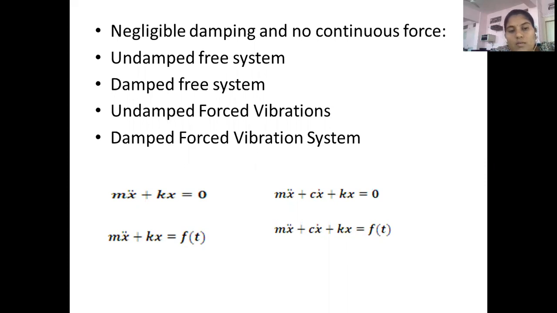Below this write down undamped forced vibration. In that write down mx double dot plus kx equal to f of t.